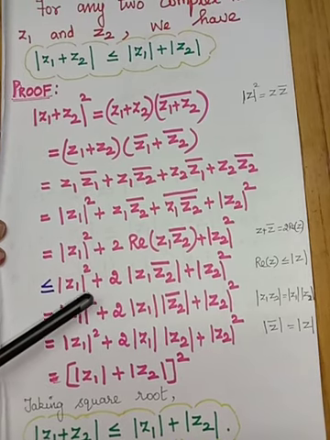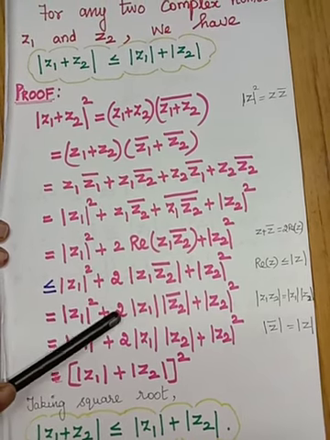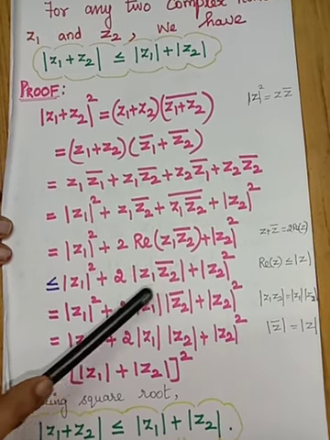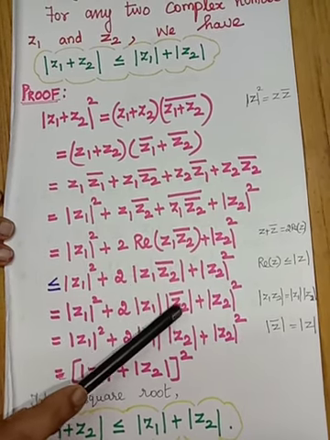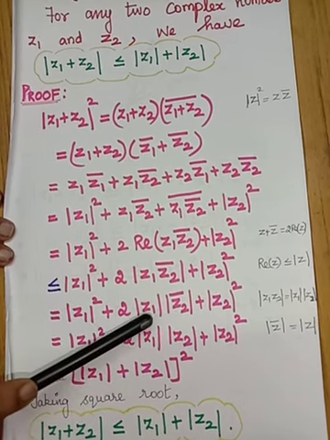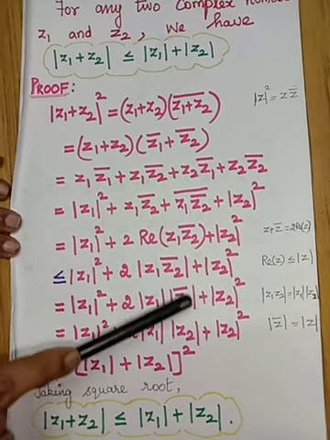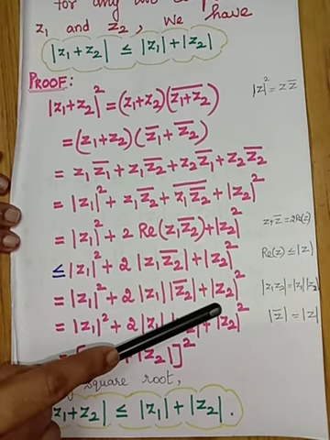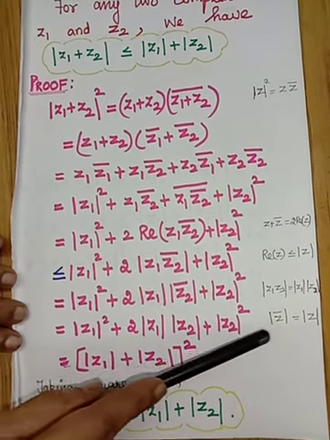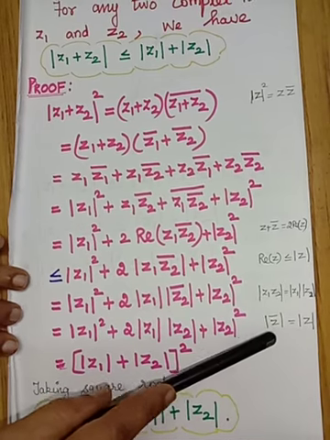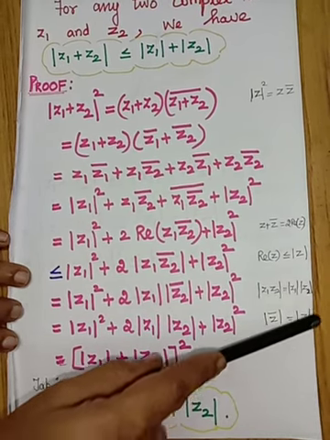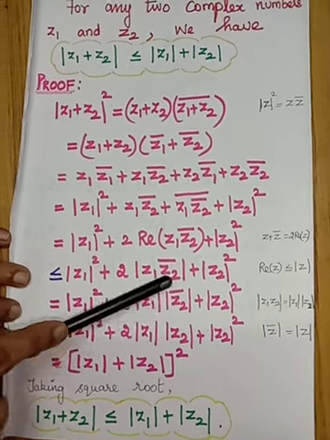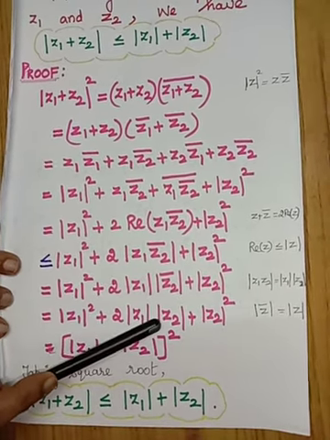So modulus of z1 the whole squared plus 2 into modulus of z1 z2 bar. If the terms are in a product, you can take the modulus separately: modulus of z1 into modulus of z2 bar. And you have one more property: modulus of z bar is equal to modulus of z, so modulus of z2 bar is modulus of z2.